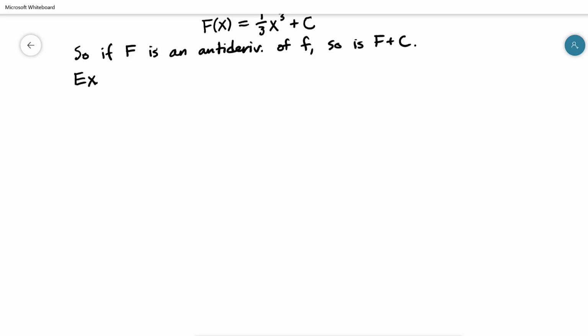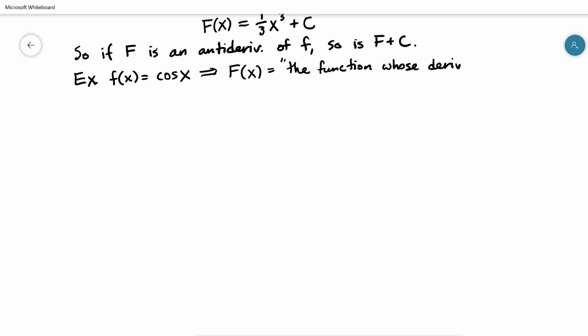If I know a function and its derivative, here I'm looking if I can recognize the derivative, what is the original function. So for example, if I give you that f of x was equal to cosine of x, what is the function whose derivative is cosine of x? So capital F of x is going to be the function whose derivative is cosine x.